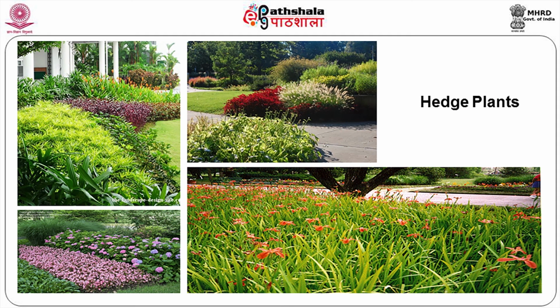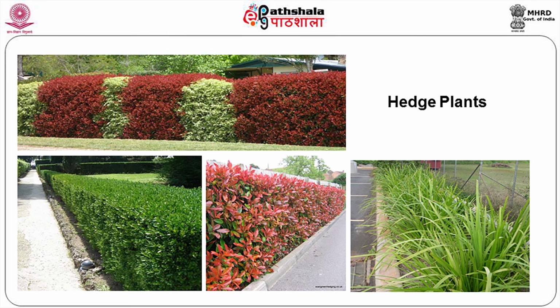We have lilies, lantana, salvia, some other purple flowers, and morning glories. Once you look at the different planting plans, you really understand what is required to be done. Hedge planting is for screening; trim it properly and use it.